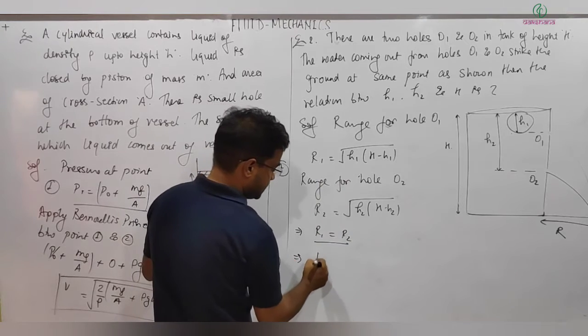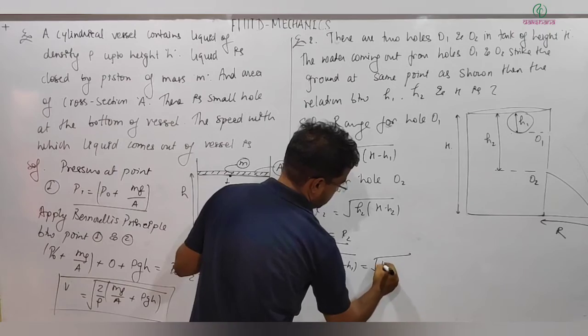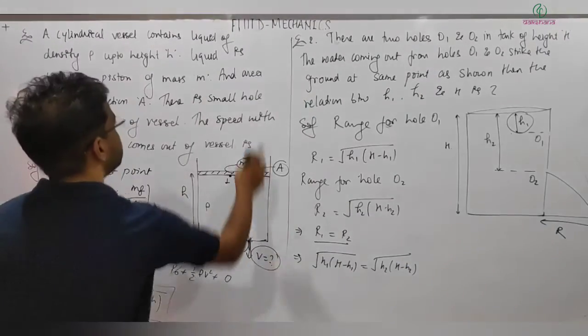This implies under root H1 into capital H minus small h1 must be equal to H2 into capital H minus small h2.